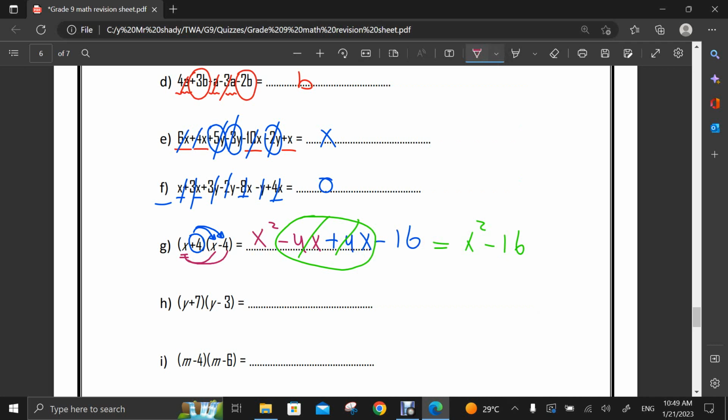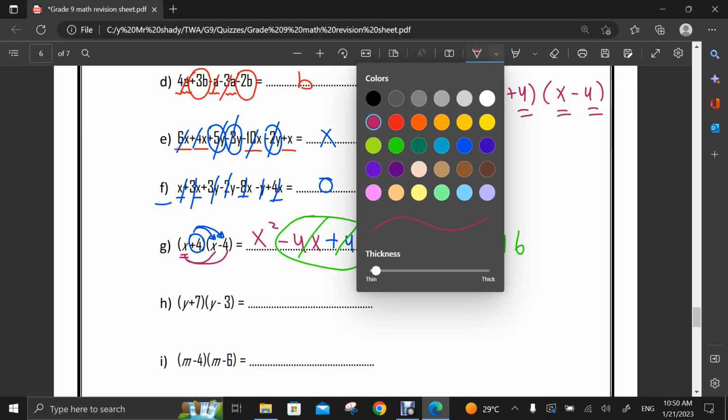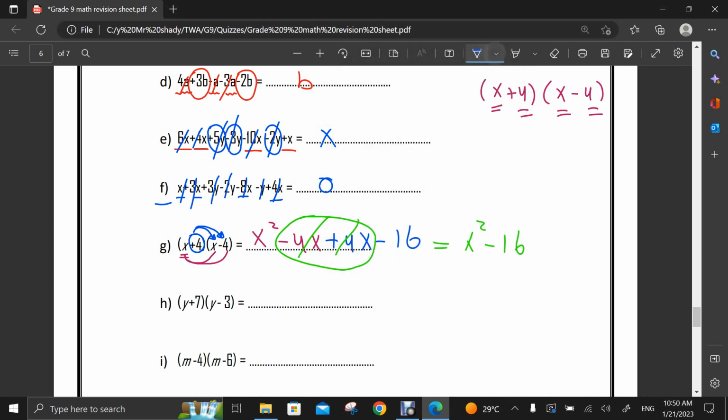How? Let's repeat it again. If I have x plus 4 multiplied by x minus 4, so if you have two brackets with the same terms, I have x here and x here, and 4 here and 4 here, and the only difference between them is that I have positive here and negative here.